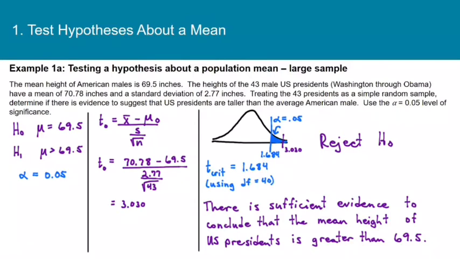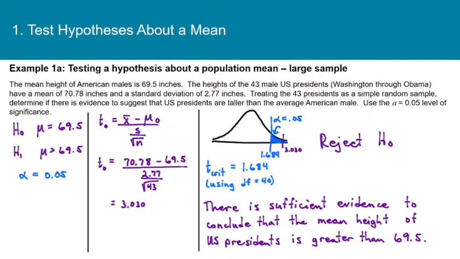So again, just as a reminder from the last section, when we reject H0, we start our statement by saying there is sufficient evidence to conclude that, and then what comes next is basically H1. So H1 says that the mean is greater than 69.5, and so that's what my statement says here. There is sufficient evidence to conclude that the mean height of U.S. presidents is greater than 69.5. And that is the classical method.